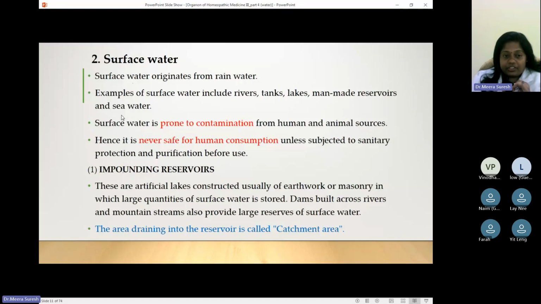Then, starting with the first type of surface water, that is the impounding reservoirs. These are artificial lakes, constructed usually of earthwork or masonry, in which large quantities of surface water are stored. That is the classical definition. In other words, impounding reservoirs could also be dams built across rivers and mountain streams, which provide large reserves of surface water.